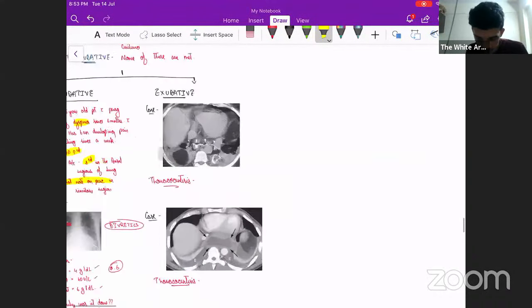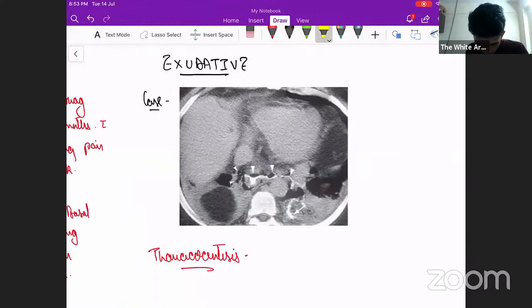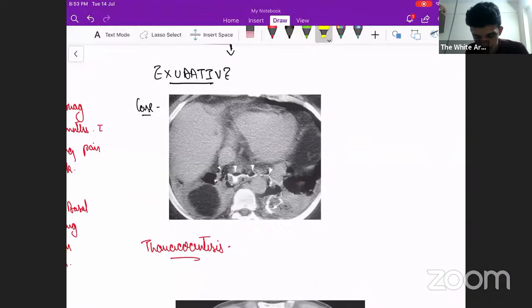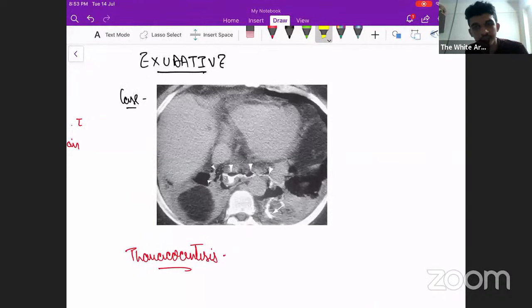Next, let's see exudative. So anything? Could you make a spot diagnosis from this? This is a CT scan, chest. Those arrows can help you.